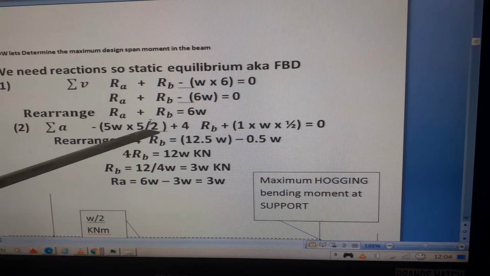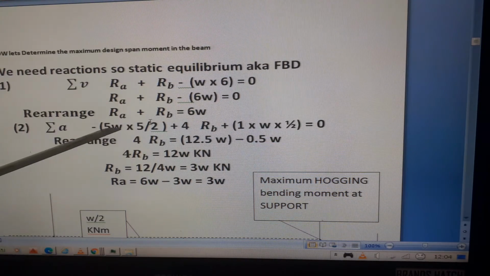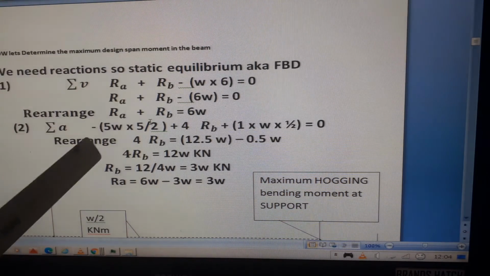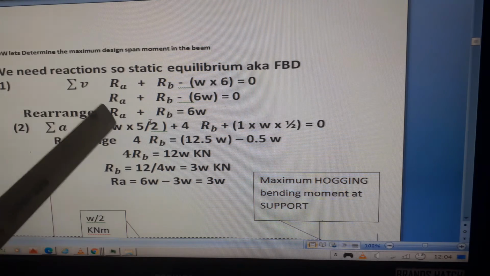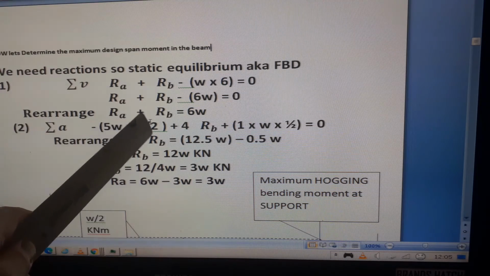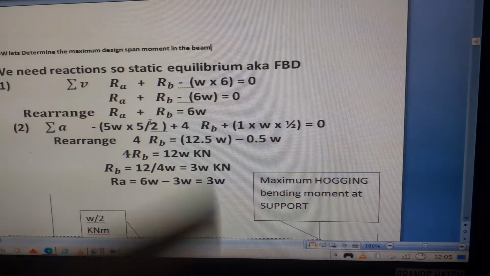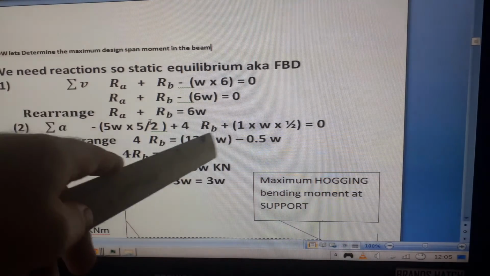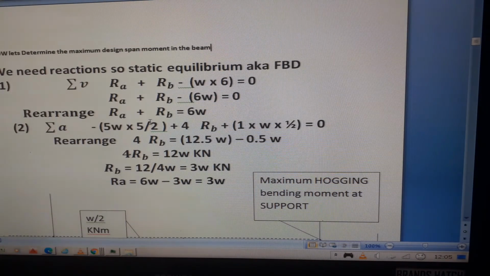That's 5W times 5 divided by 2. That's the entire UDL on the right hand side of support A, 5 meters of W, and the lever arm is 5 meters divided by 2. That is clockwise, equal to 4RB, which is anti-clockwise, plus 1 times W times half.